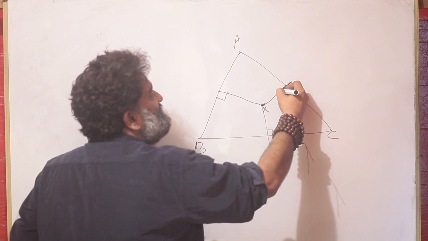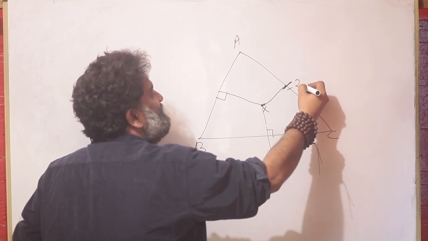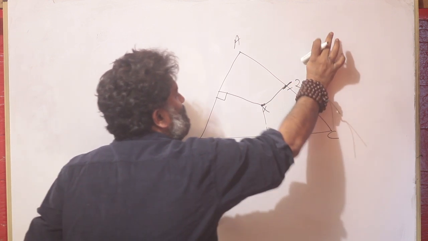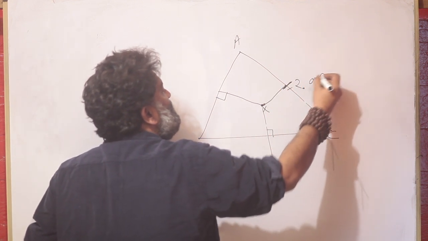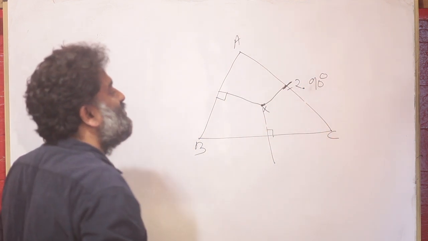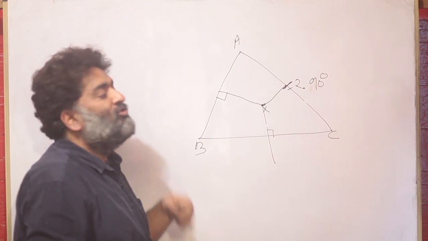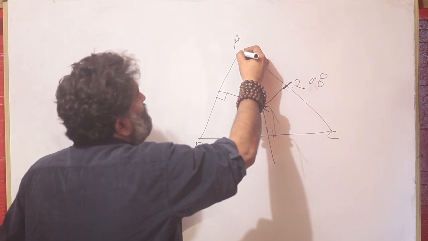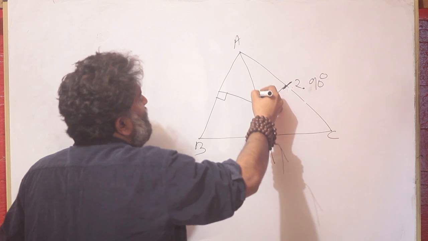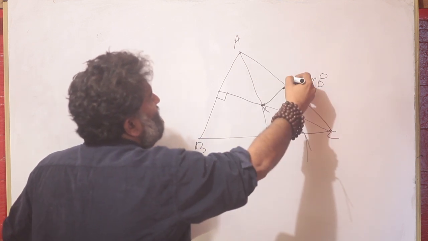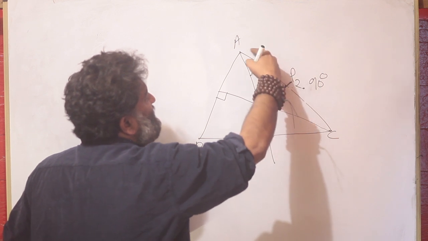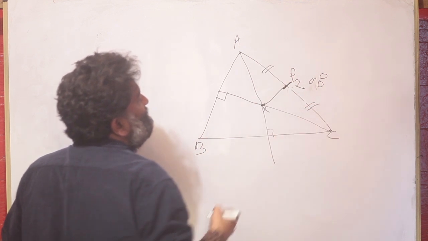So my one challenge is proving why is this angle 90 degrees, or if it is 90 degrees at all. So how will we go about doing that? What I'll do is I'll connect A to X and X to C, and I know if I call this point P, AP is equal to PC.